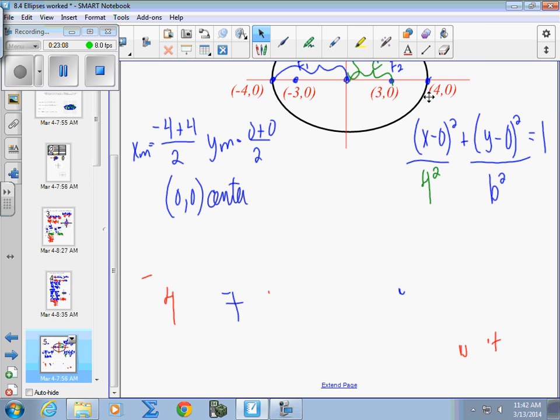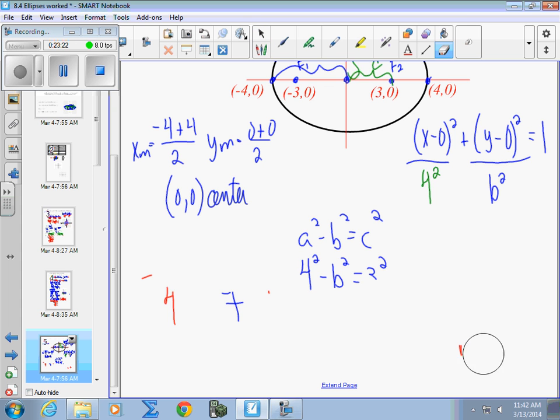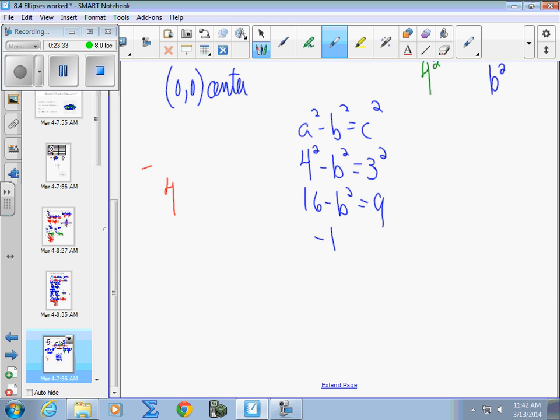The formula for the focus says a squared minus b squared is equal to c squared. We have a is equal to 4. We don't know b, and we have c is equal to 3. So we get 16 minus b squared is equal to 9. So we have minus b squared is equal to -7.